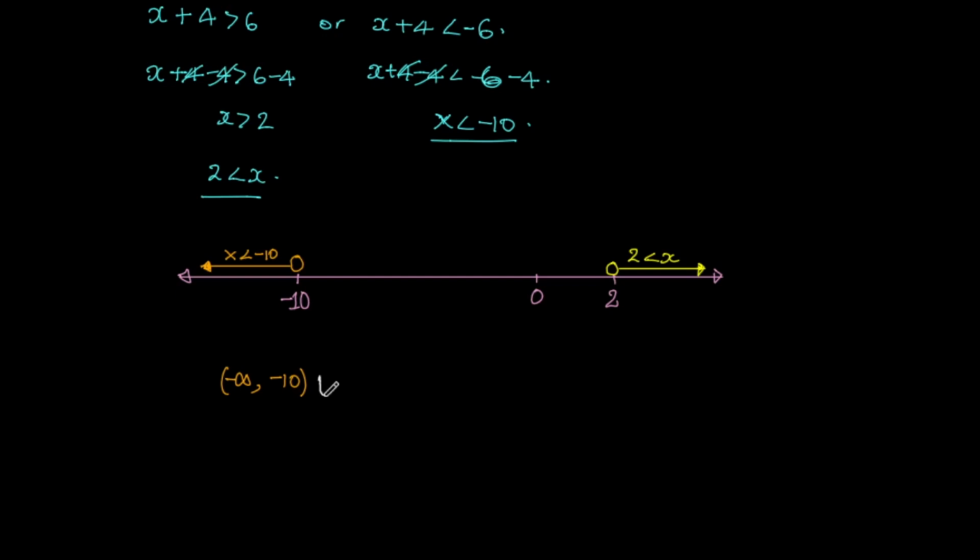The next on this side is starting from 2. Since it's also not inclusive, we use open parentheses, 2 over to infinity, and also close with the same. That becomes our solution.